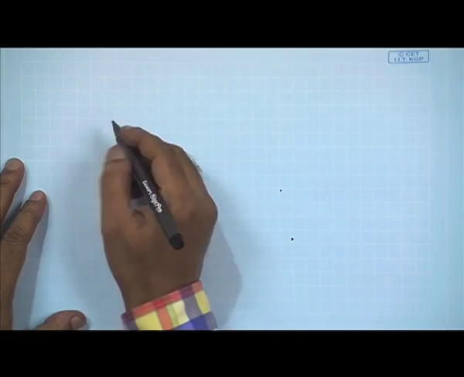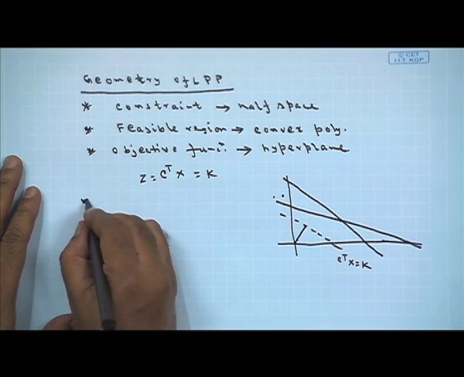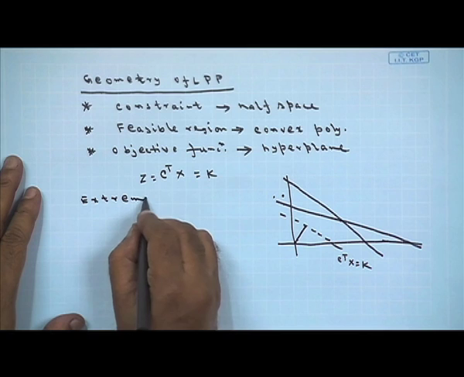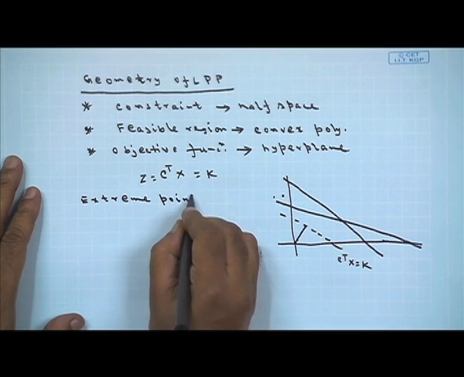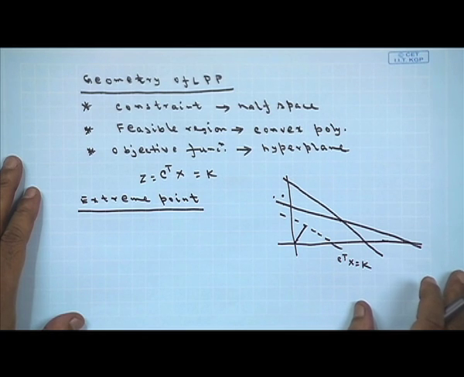Next one, let me explain from here itself. Extreme point, already we have discussed. Extreme point is basically nothing but the intersection of the two boundary lines.